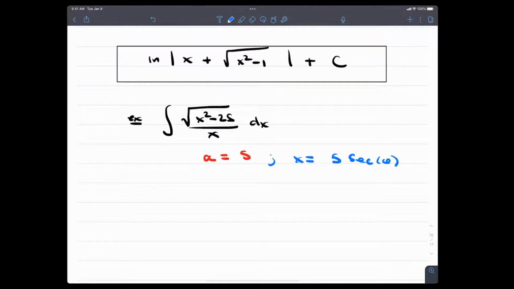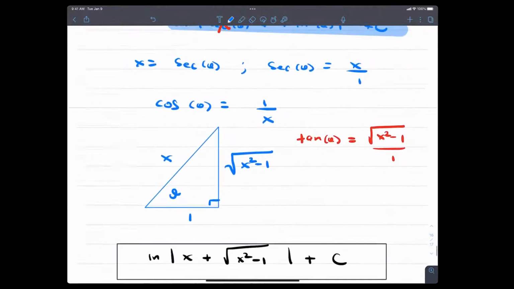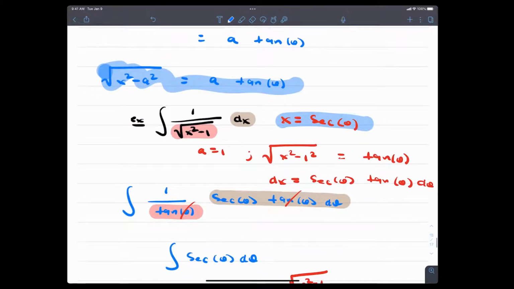Secant theta. Okay. So this means then, derivative of secant is secant tangent. So 5 secant theta, tangent theta, d theta. And then the radical, x squared minus 25, what is that? What do we say we replace the radical with? 5 tangent theta here. Okay, there we go.